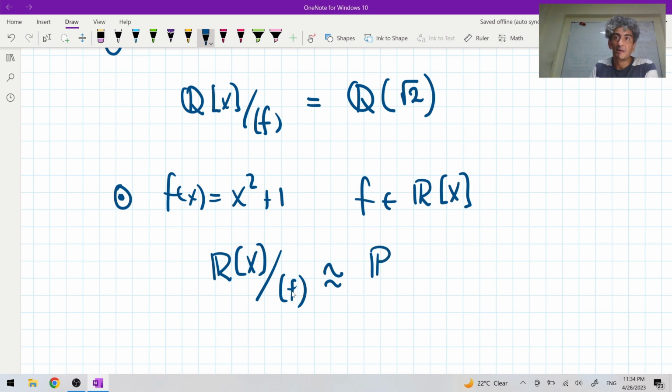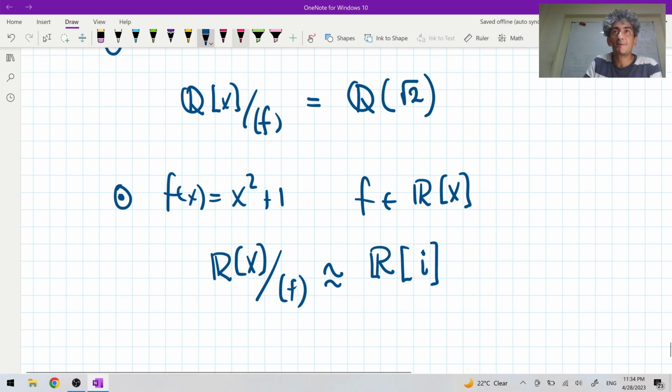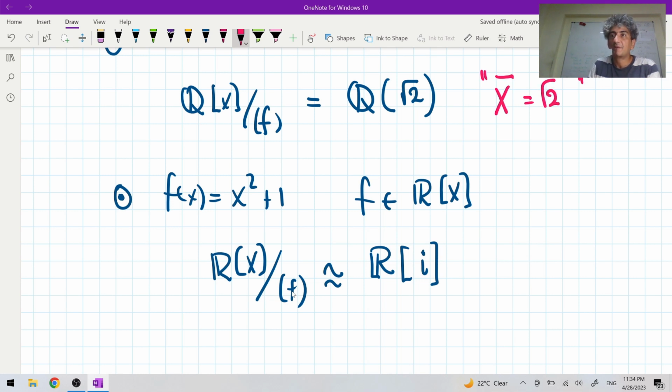It has R and then things that can be written with i. Okay, so in the first case, the class of x, we call it square root of 2, and in this case, the class of x, we call it i. So the class of x will always work as a root for the polynomial.